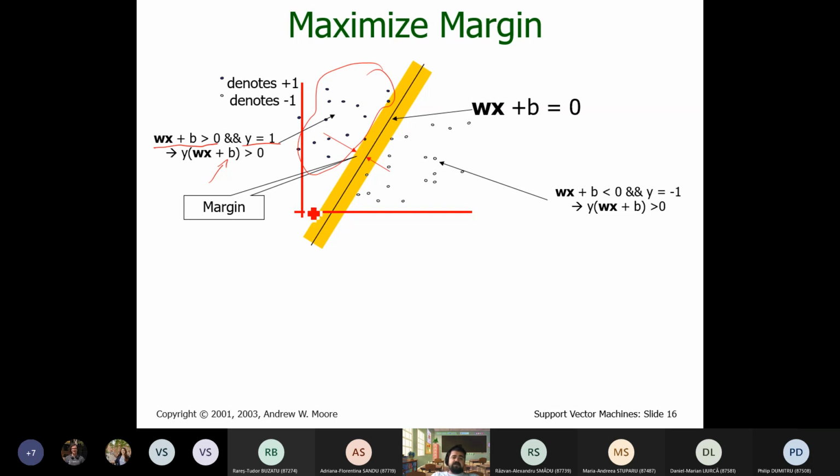And if those points are correctly classified, then this distance will be greater than 0. So for the positive class, we have y multiplied with wx plus b is greater than 0. And for the negative class, wx plus b is negative, and also the class is negative, is -1. So their product is greater than 0.